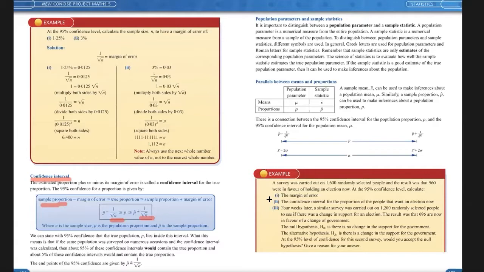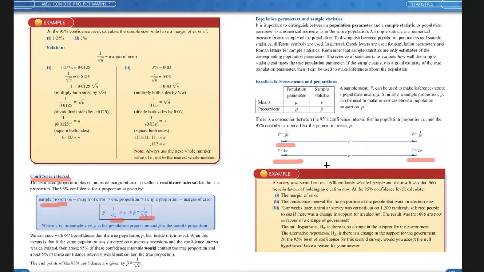Okay, and your margin of error can be done in terms of standard deviations too. That formula 1 over root n is you being 95% confident when you plus or minus 1 over root n for it, because what you'll find is 1 over root n equates to 2 standard deviations.